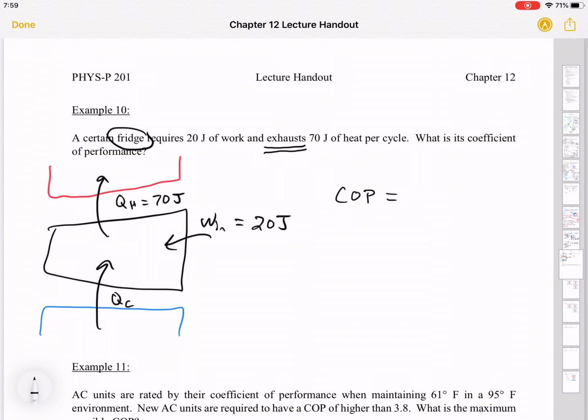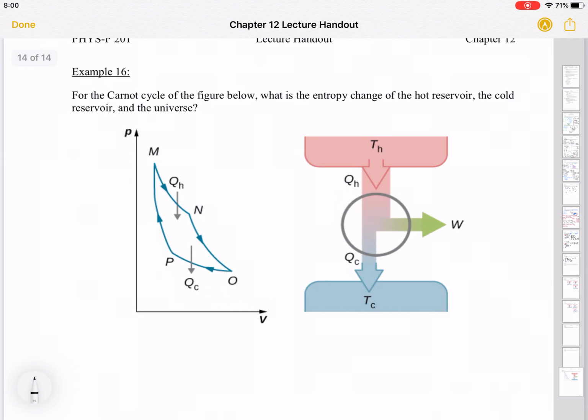Well, remember, coefficient of performance is what I get divided by what I paid. For this system, what I get is Q cold, and what I paid was work in. Okay, so work in is 20 joules. What's Q cold? Well, Q hot equals Q cold plus work put into the system, so 70 joules equals Q cold plus 20 joules.